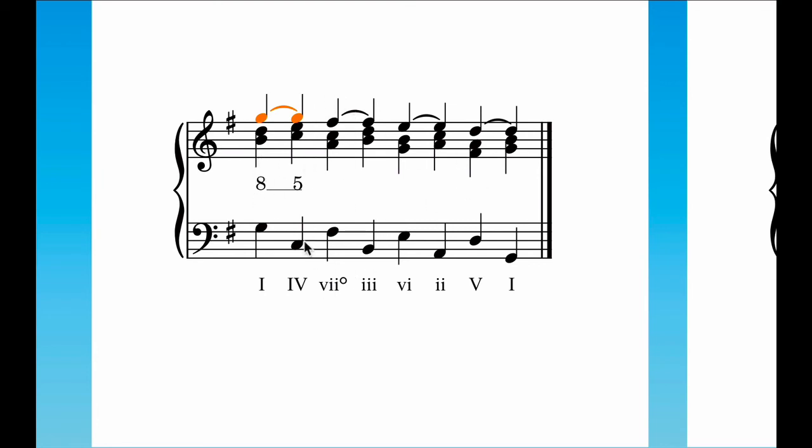I put this in keyboard style, but you could do it in SATB. If you do this right, you don't get parallel octaves. Notice on the 7 diminished here, if it's in root position, we don't have to worry about doubling the third because the bass is not moving where we expect it to go in a non-sequential leading tone chord.